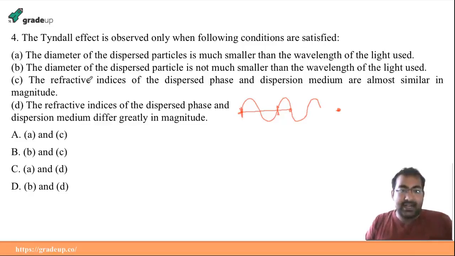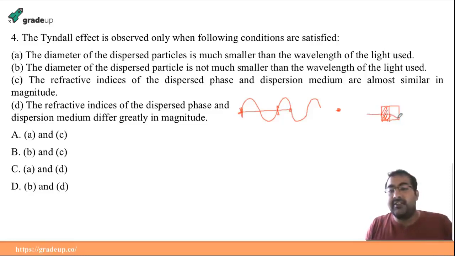So one of these options will be true. And the refractive indices of the dispersed phase and dispersion medium are almost similar in magnitude. There will be a dispersed phase and a dispersion medium.